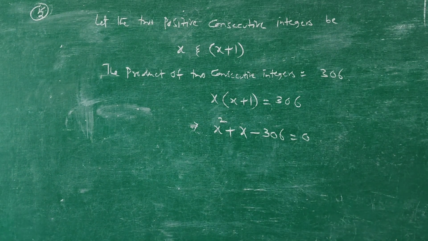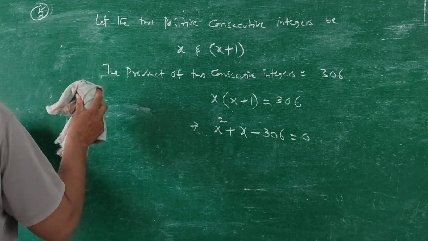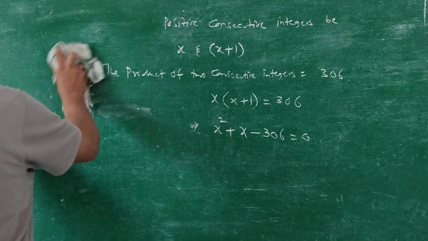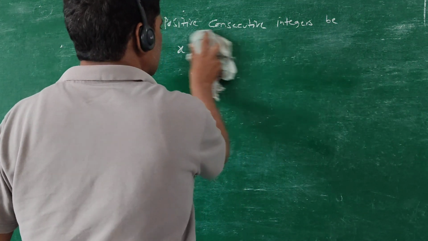Okay, next, sixth question. This is another model. They give one quadratic equation, and we have to find the roots by using the factorization method.